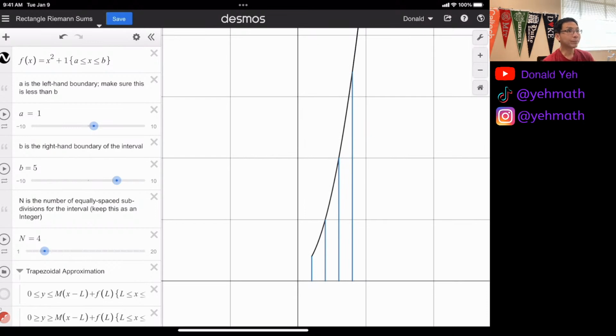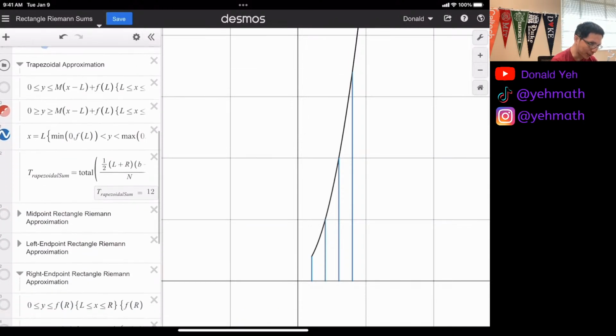So in this particular question, I have 4 rectangles. I can use approximation. And there's something called right end approximation. So the right endpoint rectangle Riemann approximation is going to look like this.